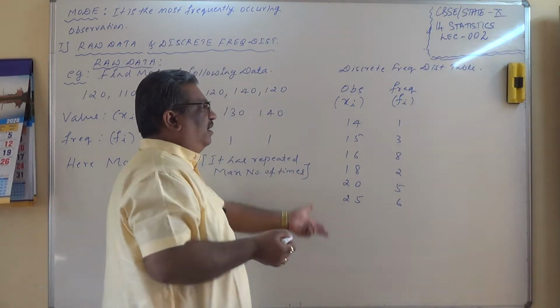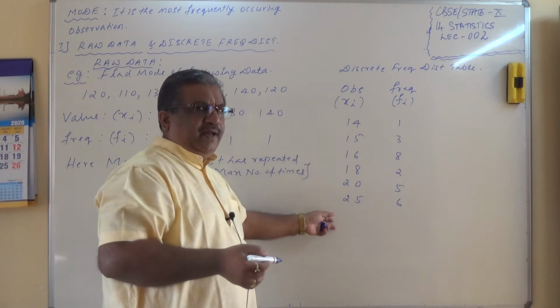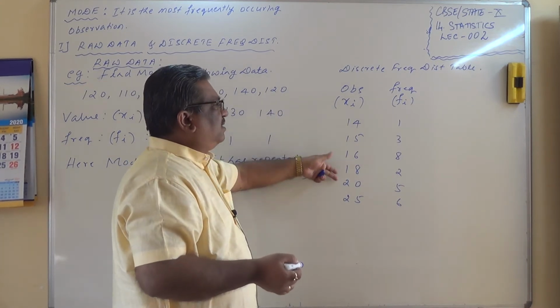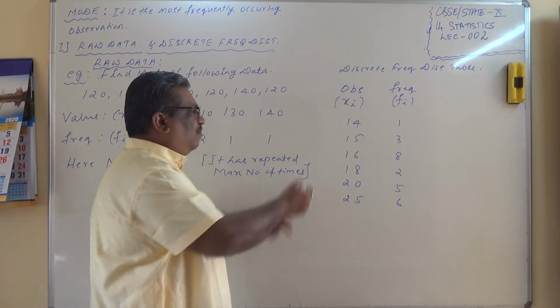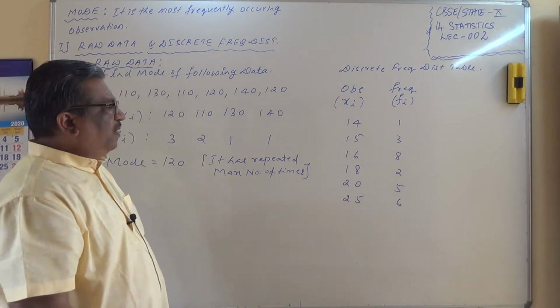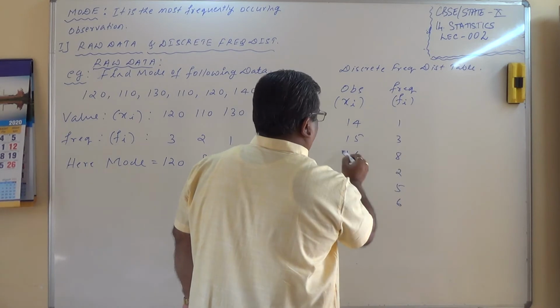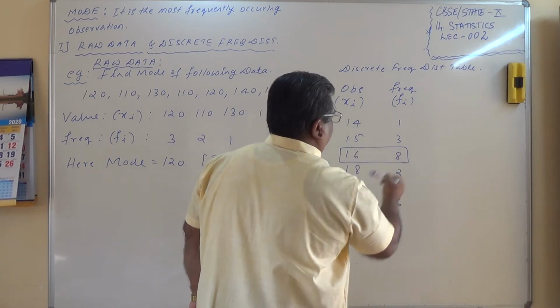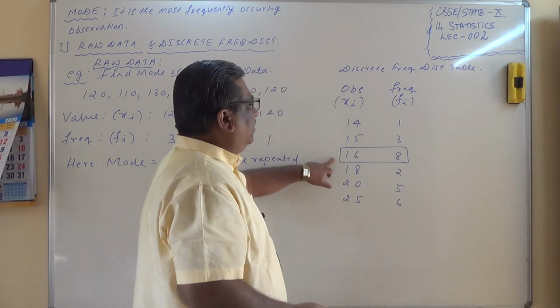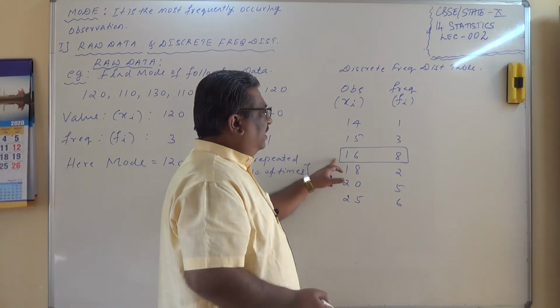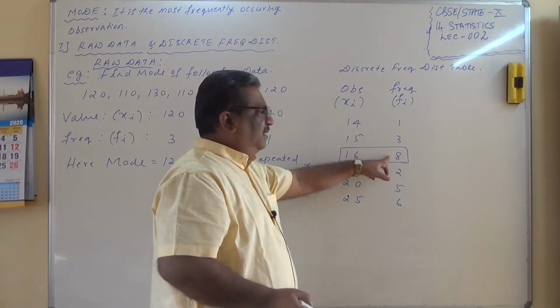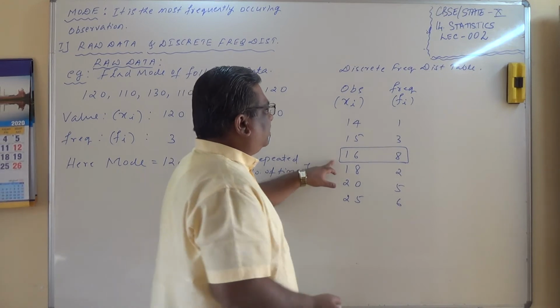This could be anything, and therefore observations and then the frequency. So what is the mode of this data if it is given to you? Check for the highest frequency. It is this one. So mark this, and therefore 16 is the observation that is recurring the maximum number of times, that is 8 times, hence the mode is 16.